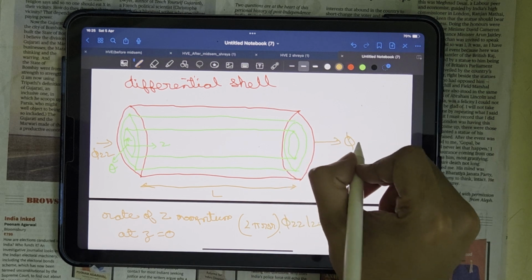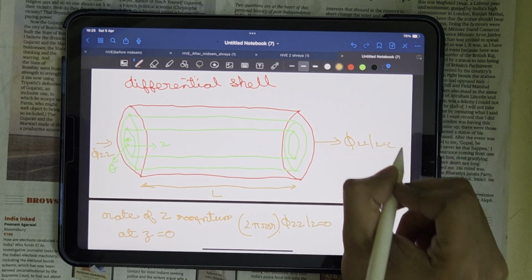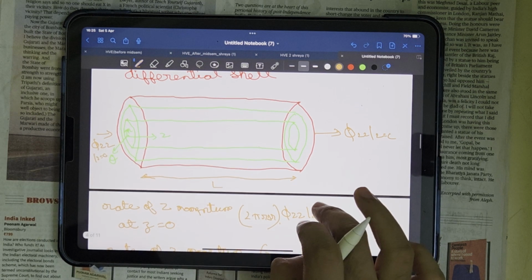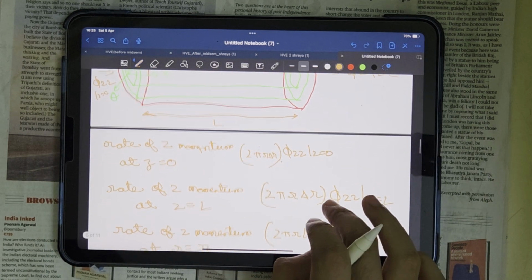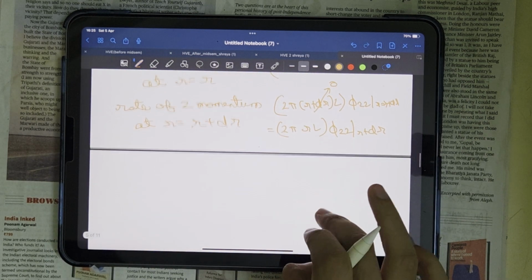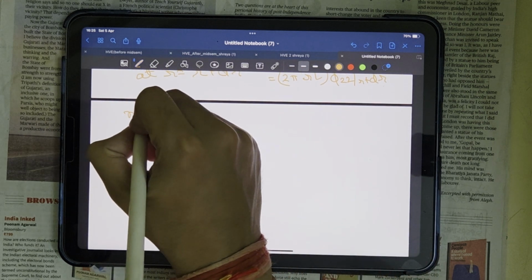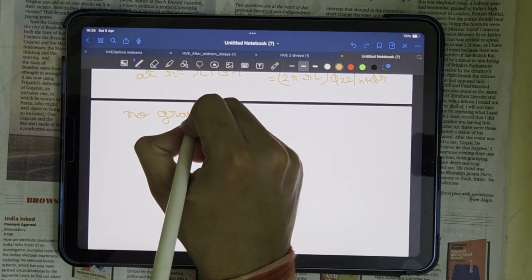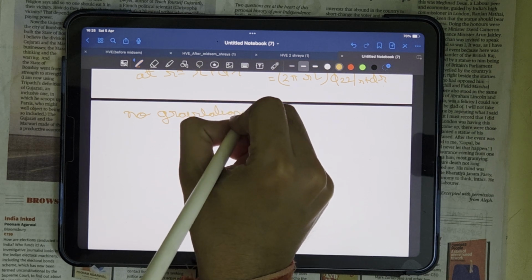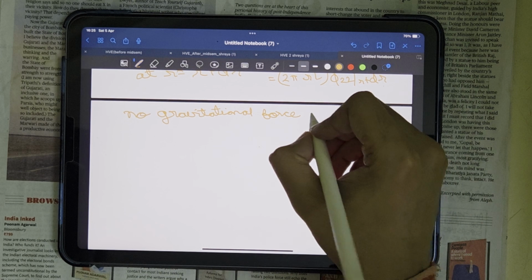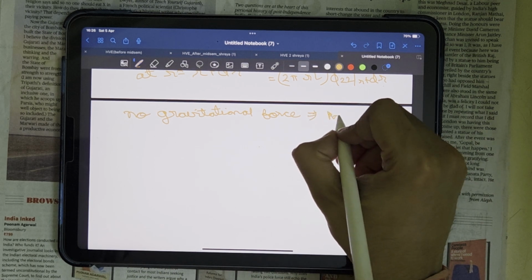Here it comes out at pi z z at z equal to, and this is at z equal to 0. No gravitational force. Horizontal tube.